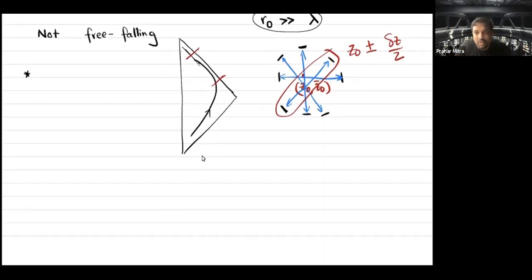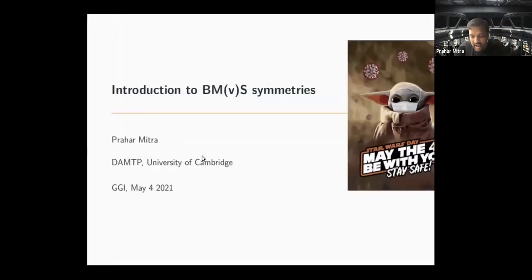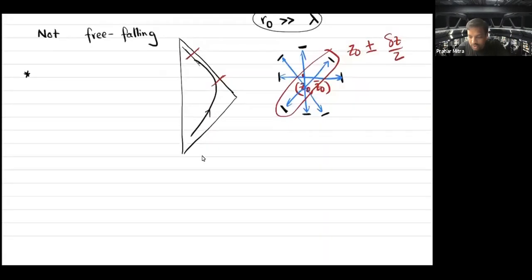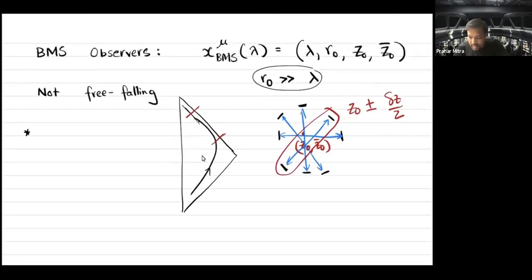But of course, what they will measure is the geodesic distance, because that's what they'll be able to measure. You can work out the geodesic distance between these two points very easily. It's just literally the metric. And I'm assuming that Z0 is very small, as I'll explain. What I'm going to assume is that delta Z is of order 1 over R naught, and remember, R naught is very large.